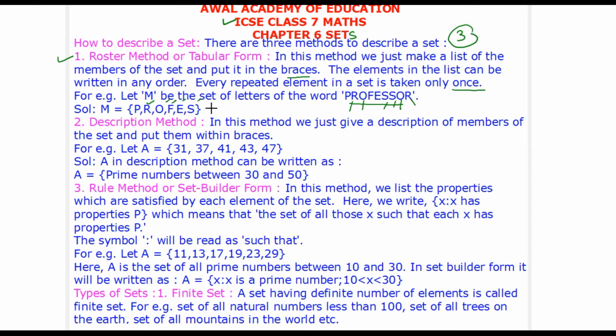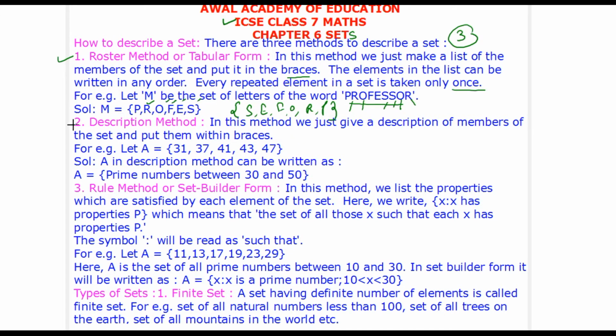The order can be written in any way, so these can also be written as S, E, F, O, R, P, irrespective of their order, but each has to be taken only once, right?